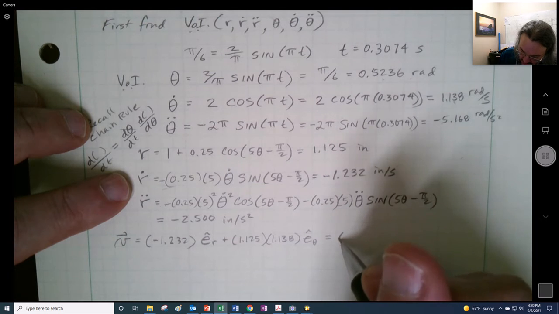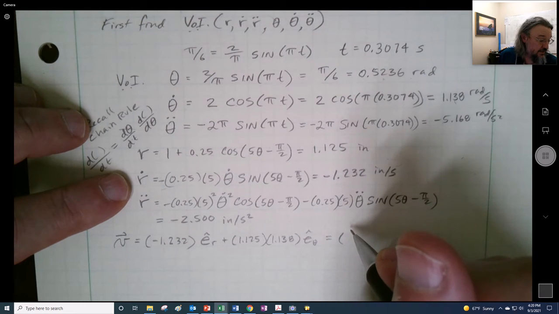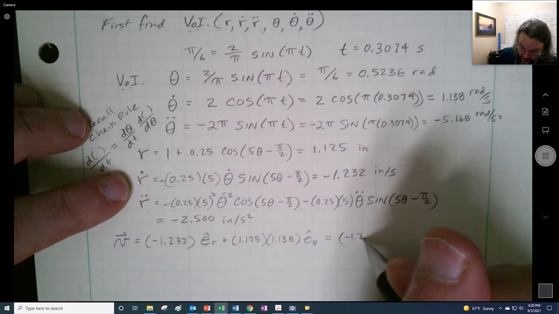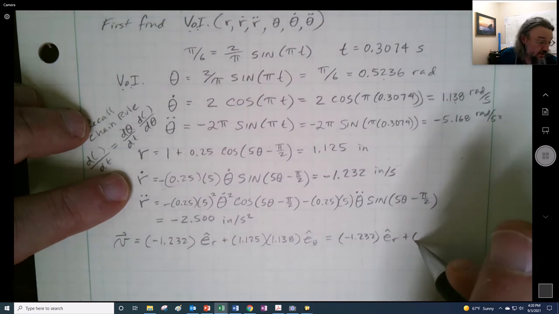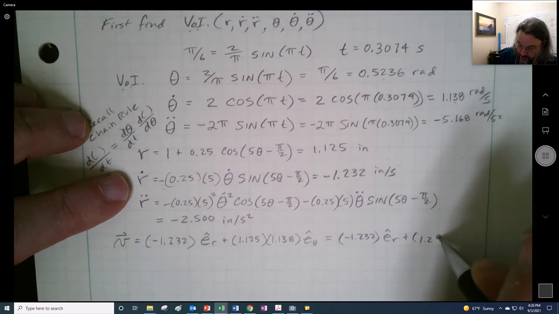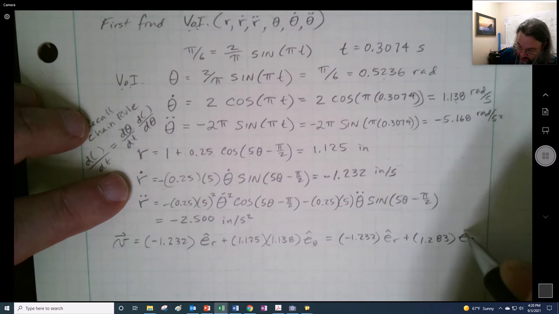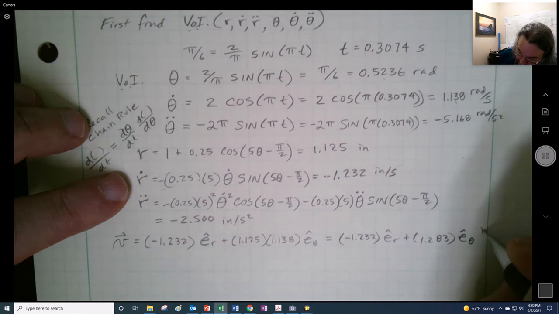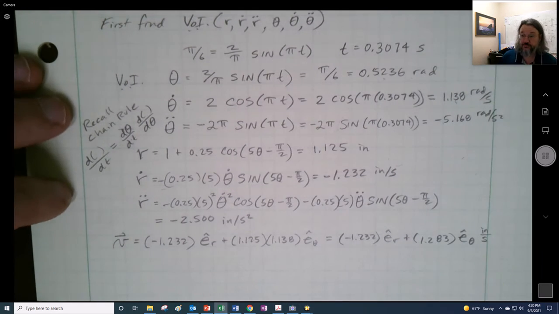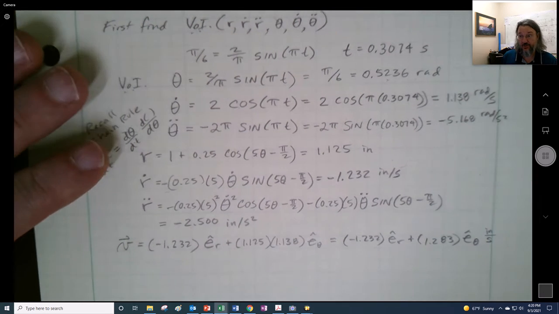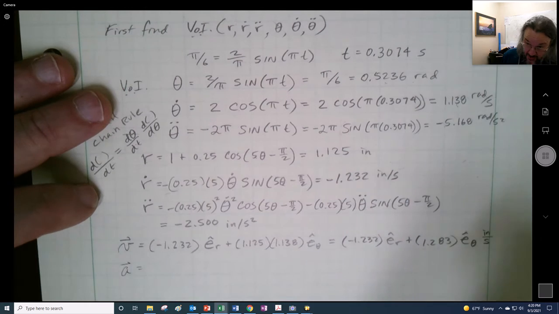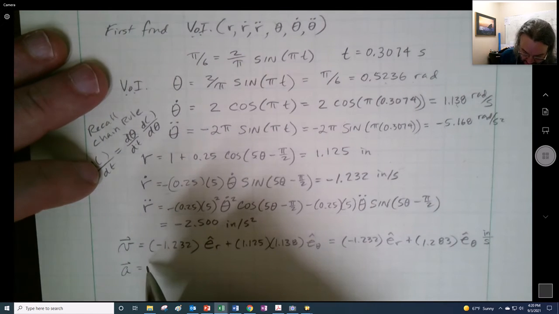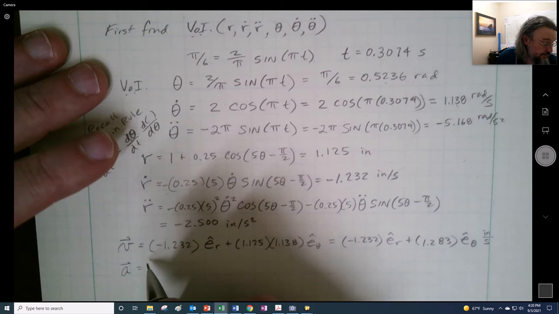So that's going to be equal to negative 1.232 e r plus 1.283 e theta, and this should be inches per second. So that's part of the first problem of part A. I know it's a long problem. I wanted you to get a lot of experience in here.